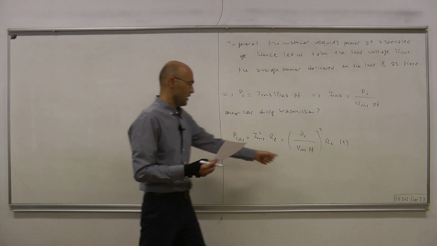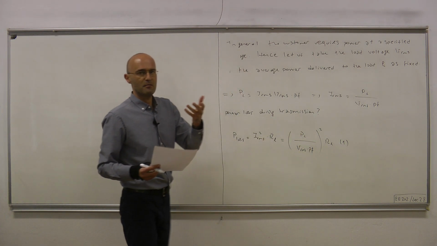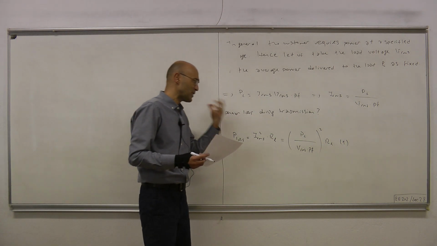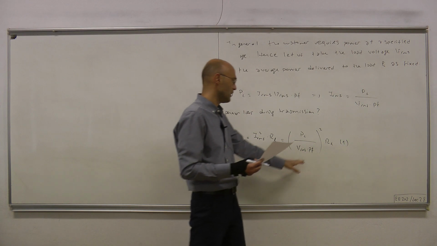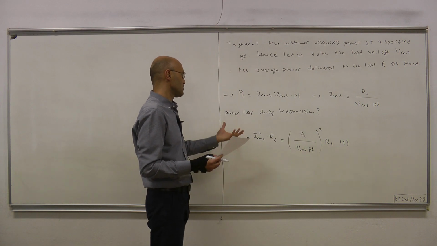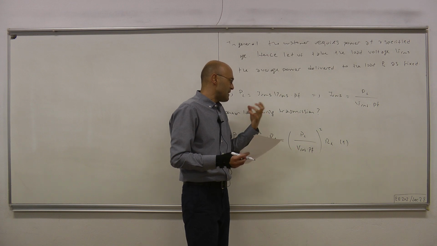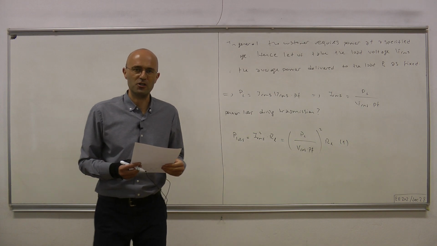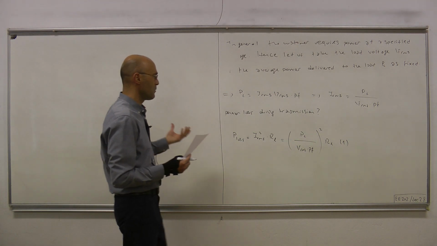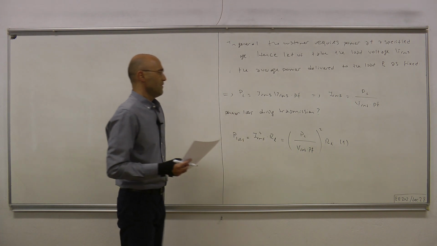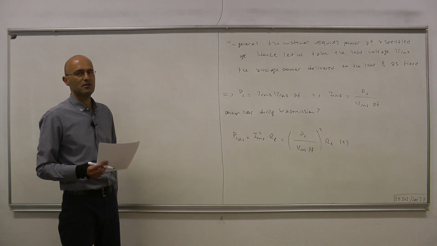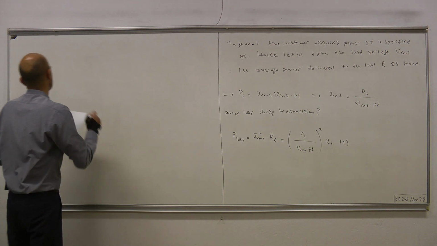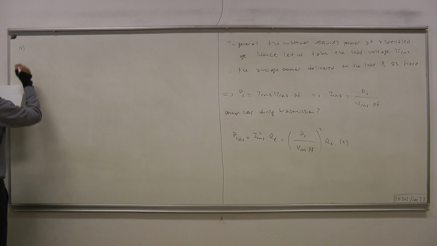On the other hand, if power factor is very large, and remember that it's a cosine, so the largest value it can take is 1, so if power factor is very close to 1, in that case the loss through the transmission would be as small as possible. Therefore, in an ideal case, we want the power factor to be as close to 1 as possible in order to reduce the loss during transmission. So let's put that observation down.